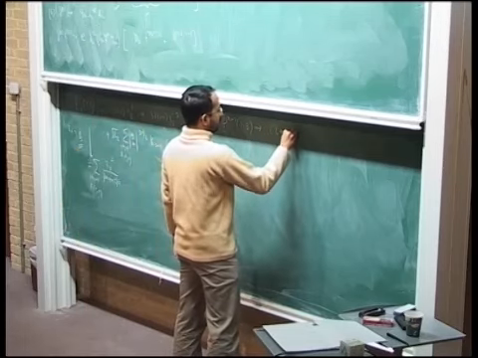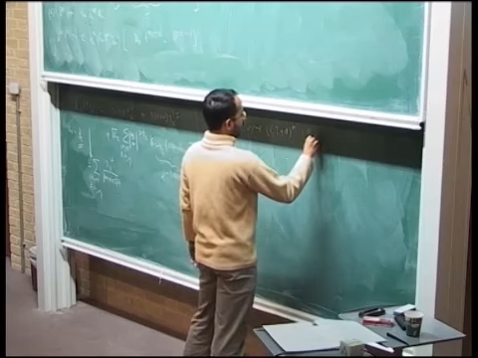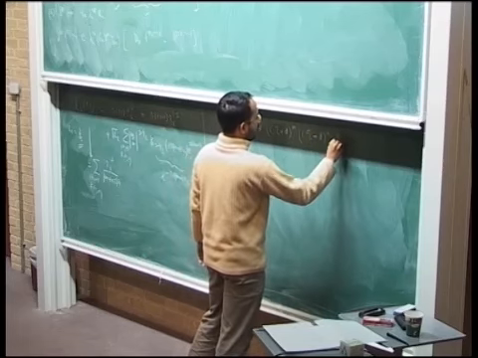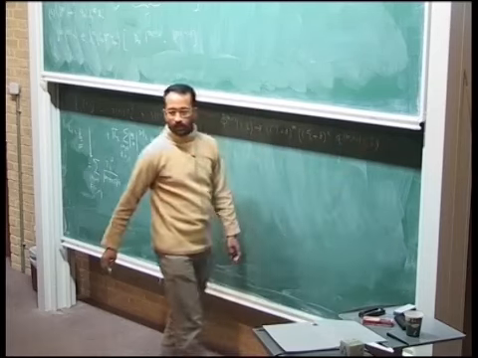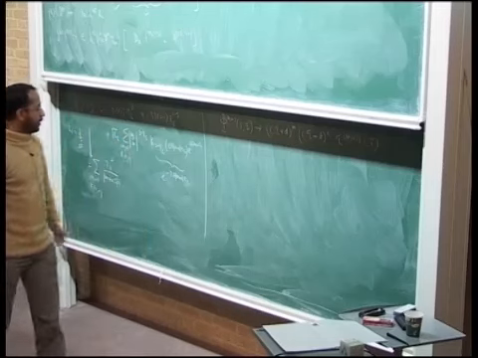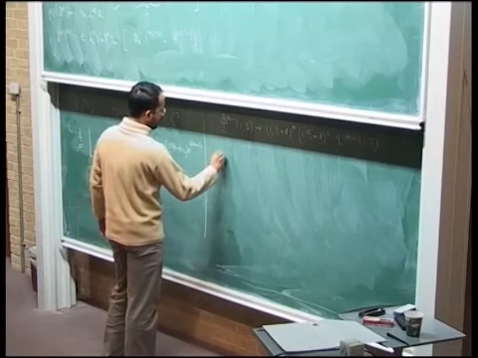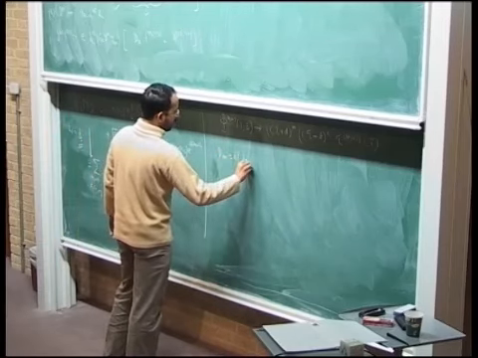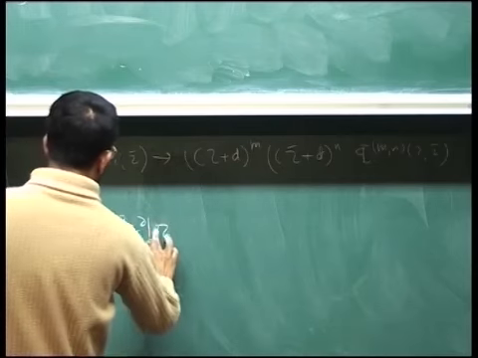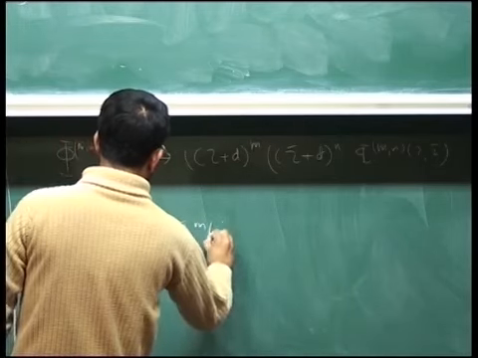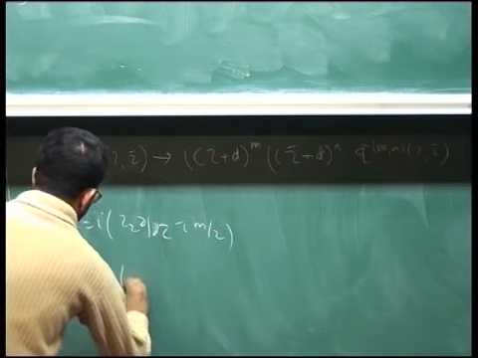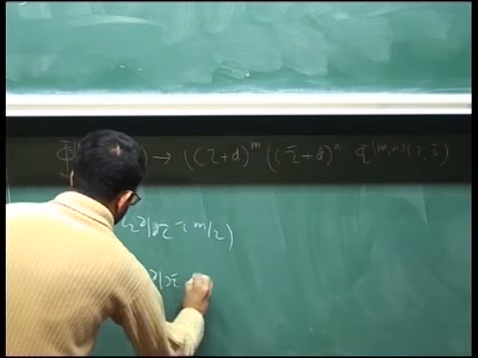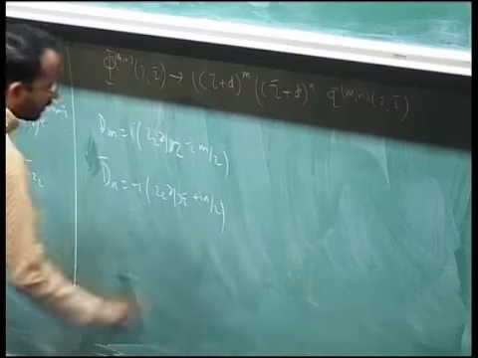So this is C tau plus d to the m, C tau bar plus d to the n, phi m, n of tau, tau bar. Okay? And you can define covariant derivatives on moduli space such that D of m is i tau 2 del tau minus m by 2, and its conjugate D bar of n is minus i tau 2 del tau bar plus i n by 2.